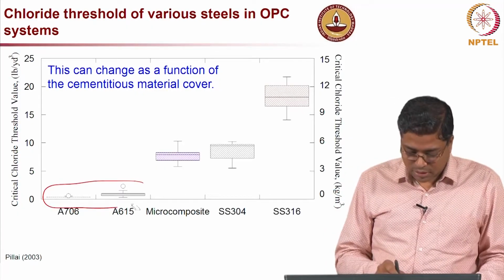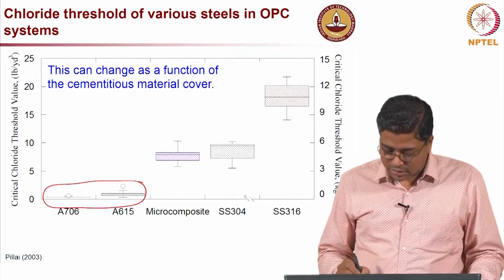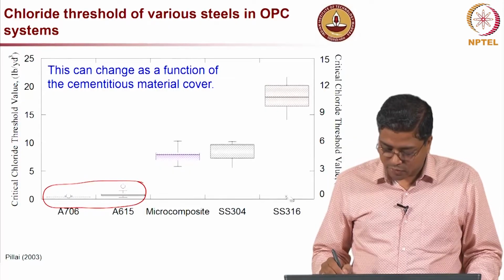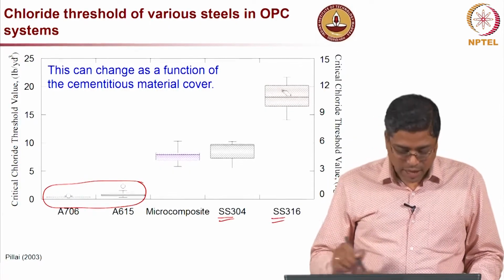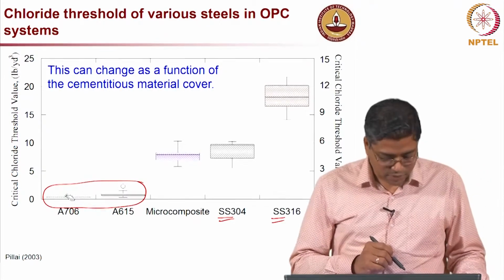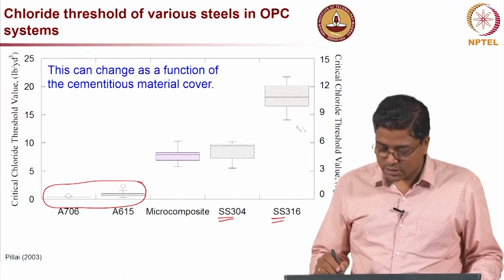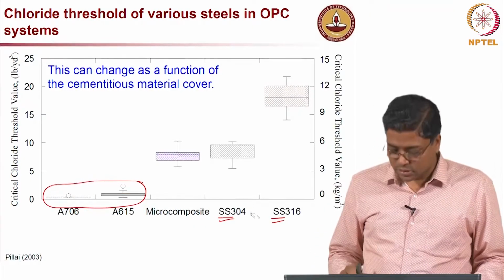These two are similar to typical steel which we use in the market, and these are stainless steel. These indicate that the chloride threshold for stainless steel, SS indicates stainless steel, is much higher than what it is for typical conventional steel reinforcement. Among the SS steels, you can see SS 316 has a higher chloride threshold than SS 304.